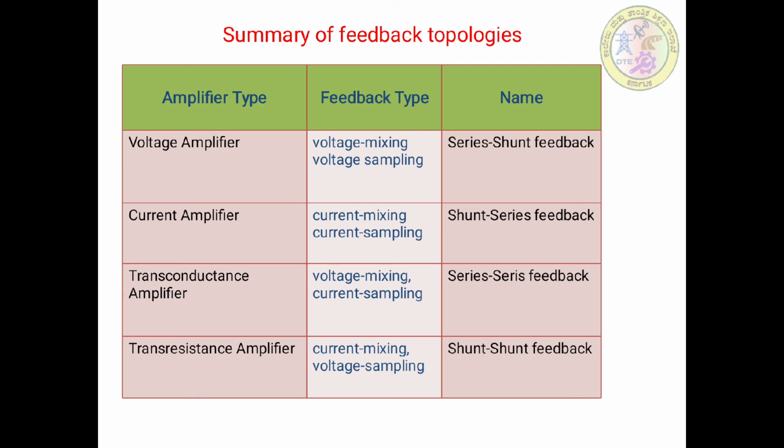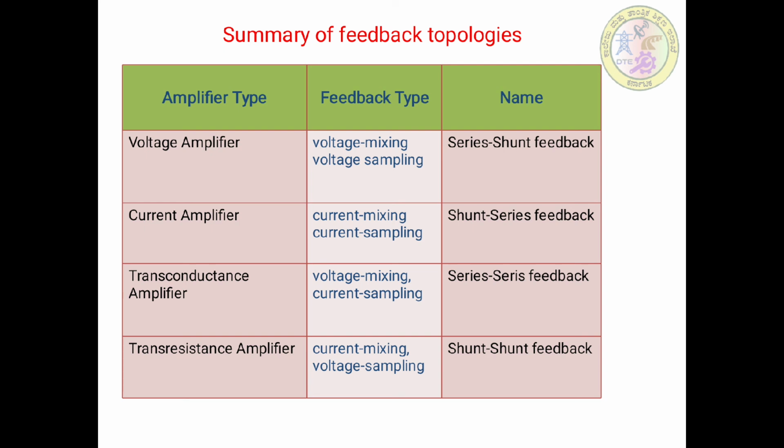Similarly, with respect to current amplifiers, here current is mixed and current is sampled. So this is also known as shunt series feedback. Whereas in the transconductance amplifier, we have the opposite quantities at the input and output. So the feedback type is voltage mixing and current sampling, and the type of connection that we find is series feedback.